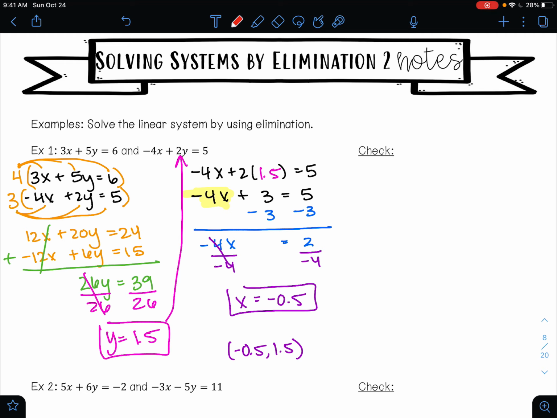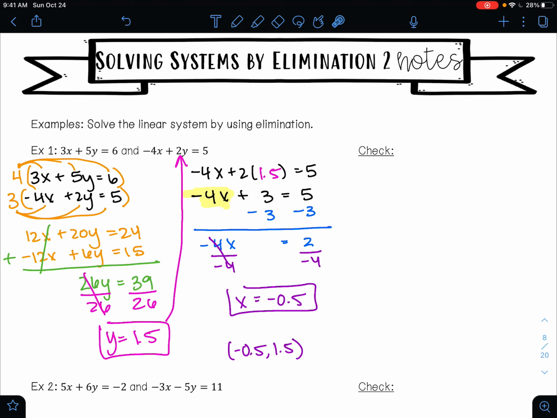And that point of intersection might be in the middle or might be off to the side. It might not be an ordered pair that is just integers. So the whole reason why we learn the elimination method is because we don't want to approximate those answers. We want to know what those answers are exactly.